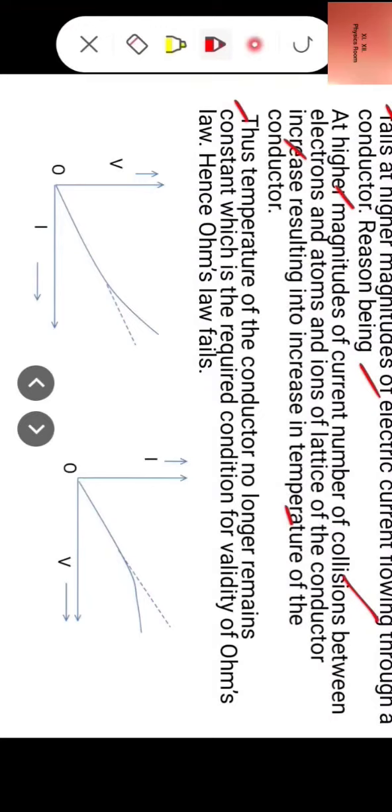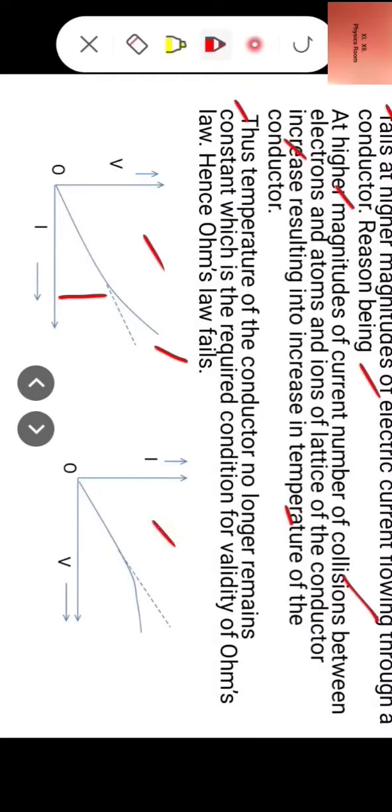Now look into two diagrams. The first one is this diagram where VI graph is a straight line up to some extent. When current increases beyond this limit, the straight line is no longer there, but it is a curved line, which shows that Ohm's law is no longer valid beyond this situation.